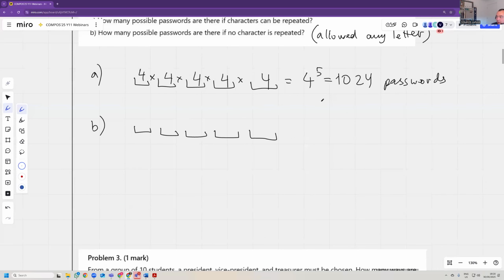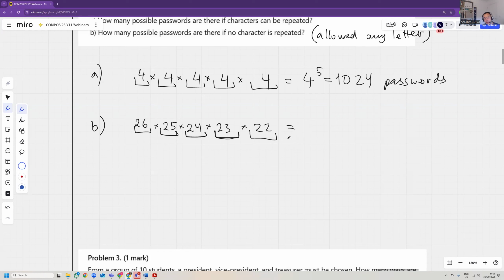The method I like to do is to say, well, there are 5 places, and you can choose any of the 26 letters for the first character. Now you can't use the same character again, so there's 25 characters for the second one, 24, 23, and 22. Then you multiply them and use the multiplication rule, and I explained why last time, because they are not mutually exclusive.